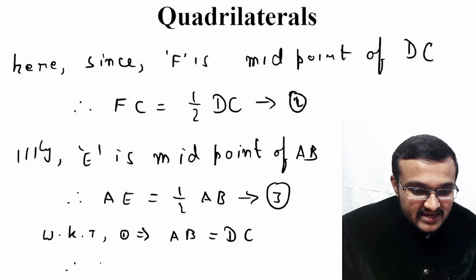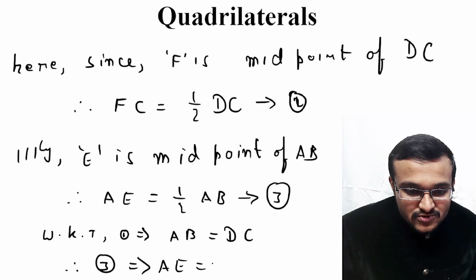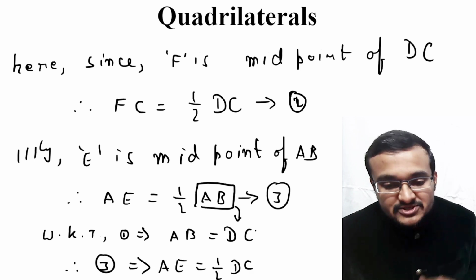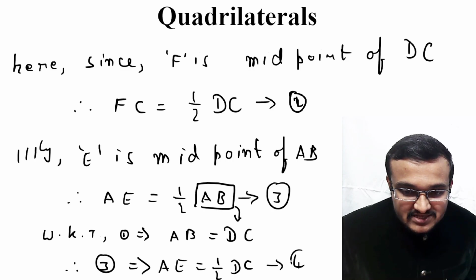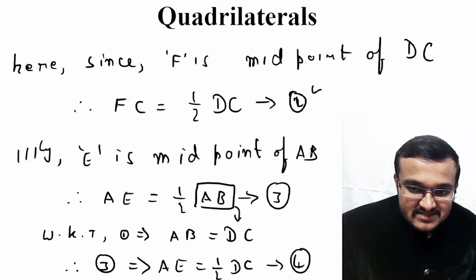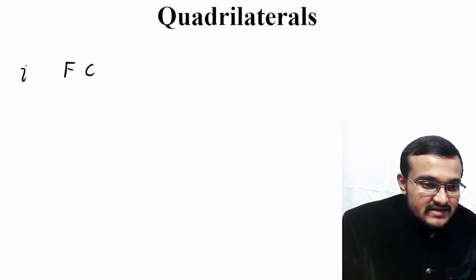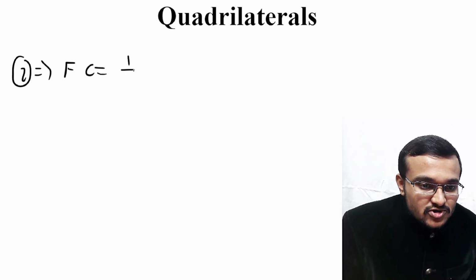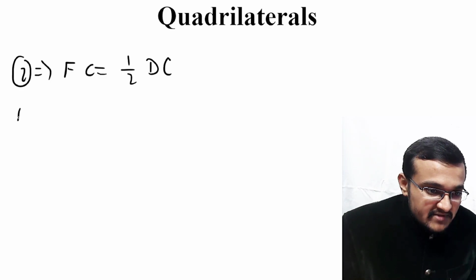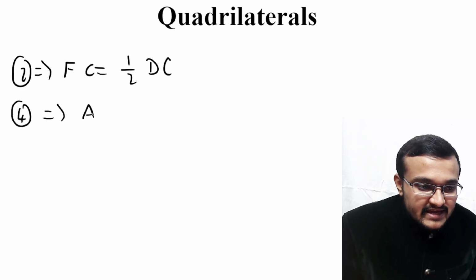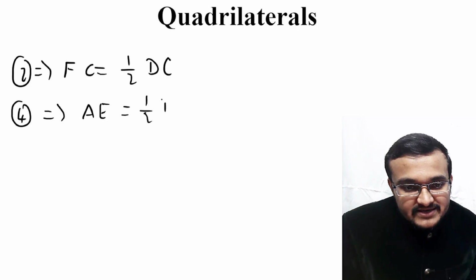Therefore equation 3 becomes AE is equal to half DC. In the place of AB, I'm replacing AB with DC because AB is equal to DC. Now we can call this equation 4. Now we'll write equation 2 and equation 4 together. In equation 2 we have FC is equal to half DC, and from equation 4 we have AE is equal to half DC.